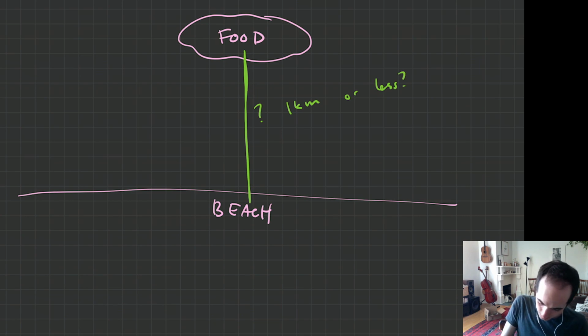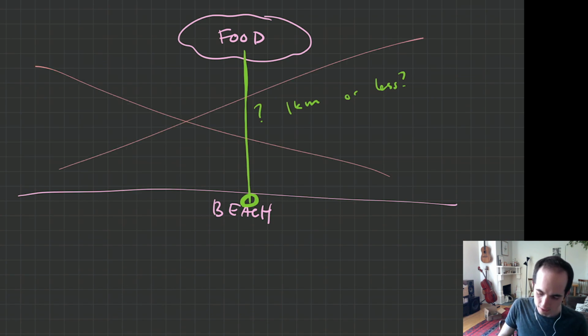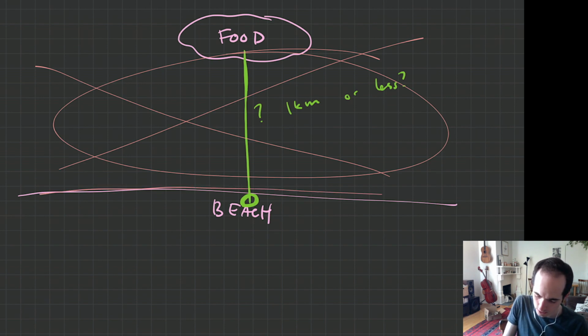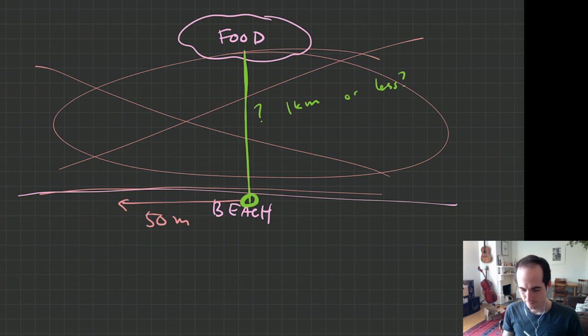Well, what you could do is, if you're standing here, the premise of the problem is that you cannot know any information about stuff that's going on over here. You cannot cross the beach. I mean, you could go a little bit, but you can't swim very far anyways. The whole point being that you can't escape the beach. So what you could do is walk over like 50 meters, and then measure the angle.